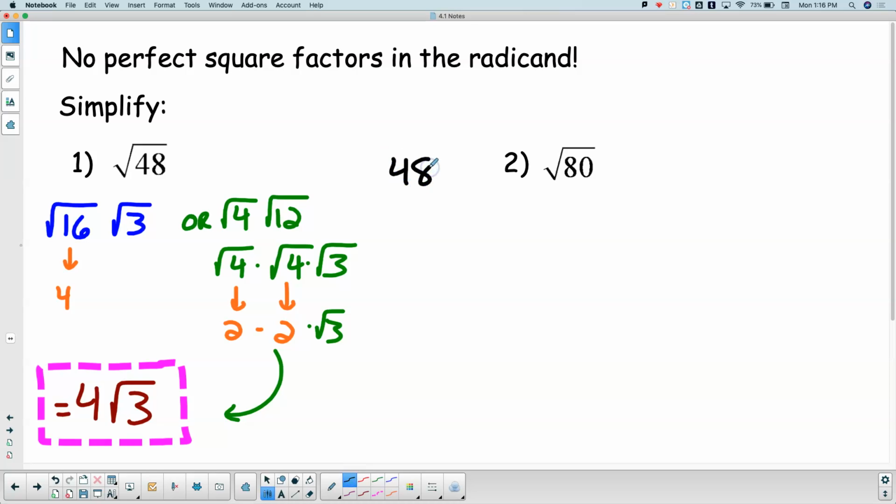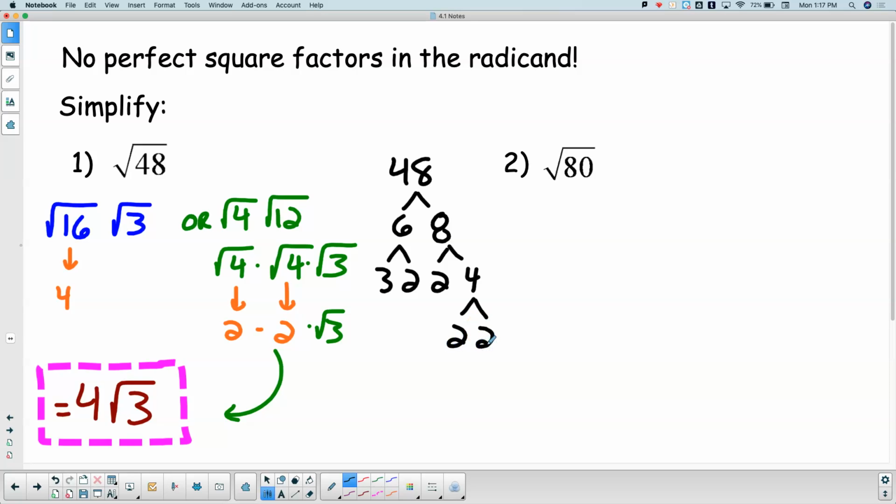Another way. 48 you said was what, dear? 6 times 8, right? Okay. What times what is 6? 3 and 2. What times what is 8? 4 and 2. Oops, I should have done that the other way. What times what is 4? 2 and 2.